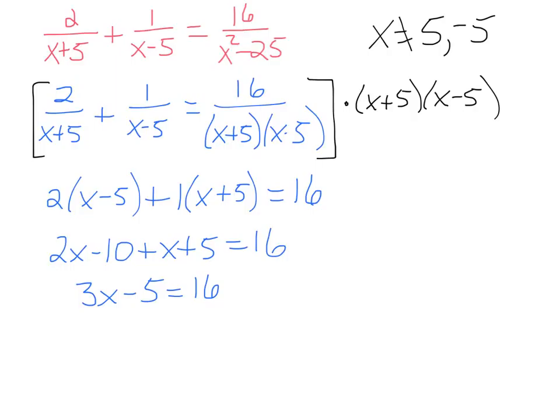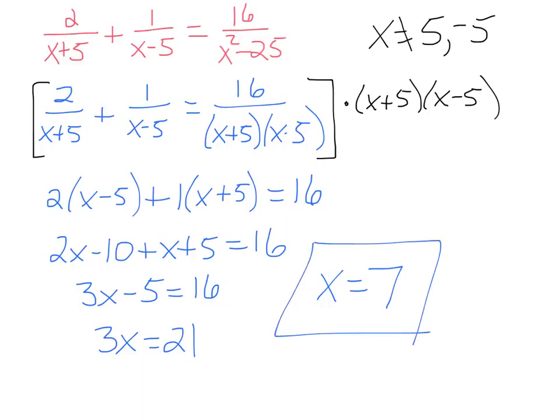Going to add the 5 to both sides and have 3x equals 21. And finally divide by 3, so x equals 7. Again, make sure you check the answer that you get with your restrictions. Our restrictions say nothing about x being anything except for 5 and negative 5, so we're okay, and this would be our solution.